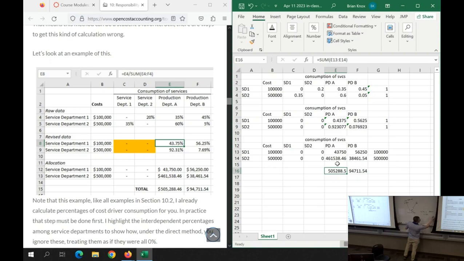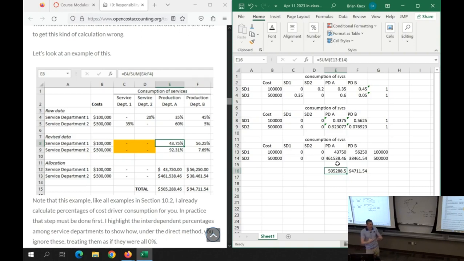Service Department 1, 43.7K. Service Department 2, 461.5K. Doesn't exactly balance because I did weird rounding, but we really are moving those costs in the books.